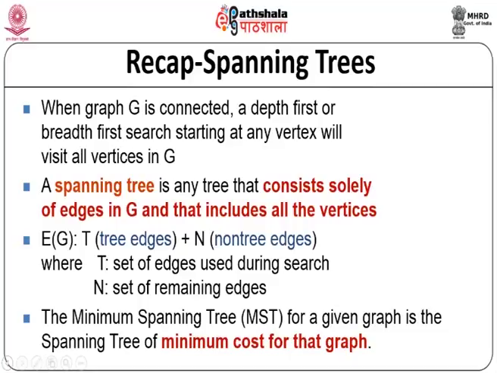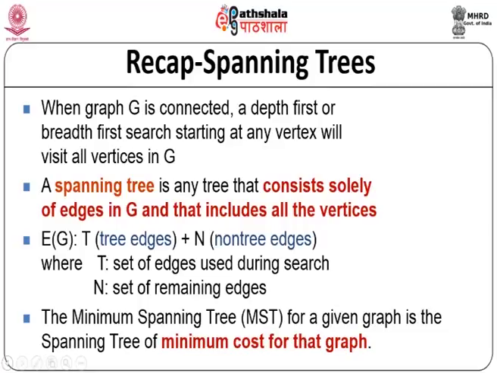It can consist of other edges, but in a spanning tree the definition is such that it consists only of the edges of G, and it should include all the vertices of G. The edges of G are nothing but tree edges and non-tree edges, where T is the set of edges used during search and N is the set of remaining edges.